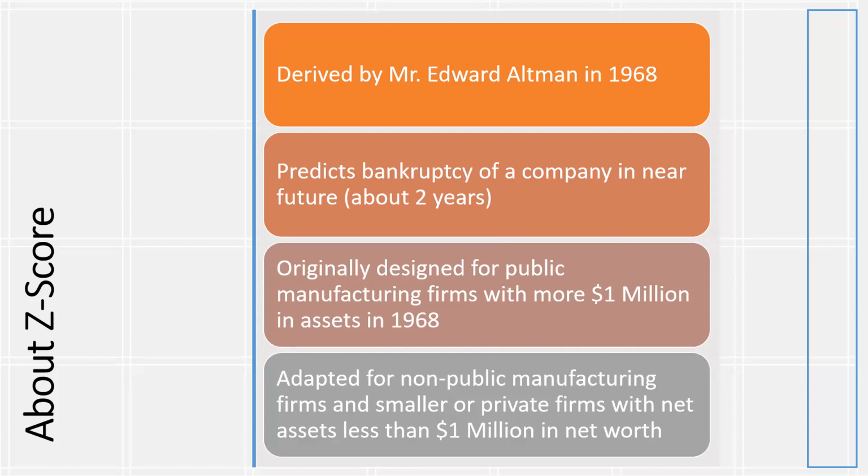Originally, he derived this formula to predict the bankruptcy of public manufacturing firms whose asset value was above $1 million in 1968. Later on, this formula was adapted for non-public manufacturing firms as well as for smaller and private firms whose value is worth less than $1 million also.